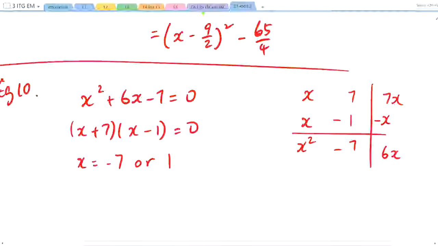Okay, what happens if I do this? Is the answer correct? Yes, it is correct. But did I follow the instructions? I didn't. What is this method called?